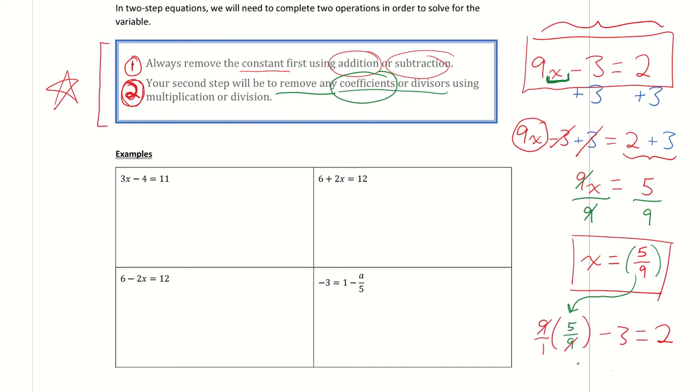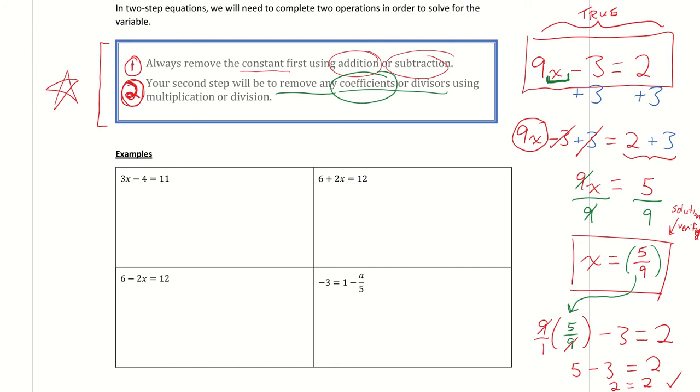All that we have left is 5. And 5 minus 3 is 2, and 2 is definitely equal to 2, so we know that this particular solution works. This particular value of x will make this equation true. So we can say the solution is verified.